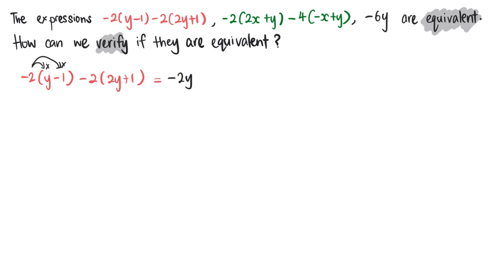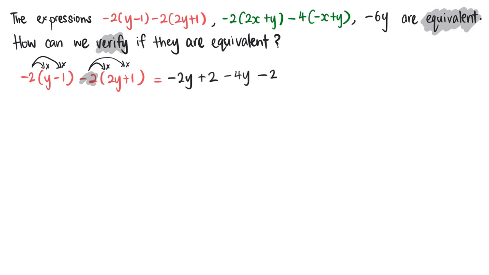Negative 2 times negative 1, positive 2. This one we should see as negative 2, okay? Negative 2 times positive 2y will give me negative 4y. Negative 2 times positive 1, negative 2.